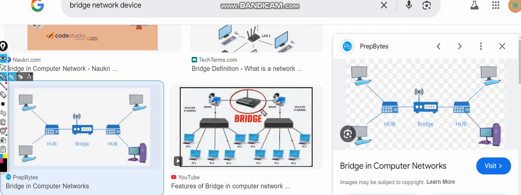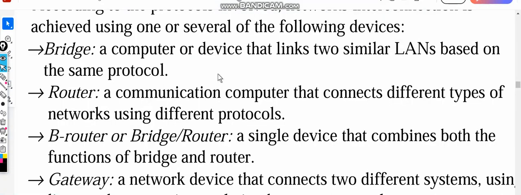See the bridge here. Bridge is connected to the hub. Computer is connected to the hub. Hub is connected to the bridge. So a bridge is a computer or device that links two similar LANs based on the same protocol.